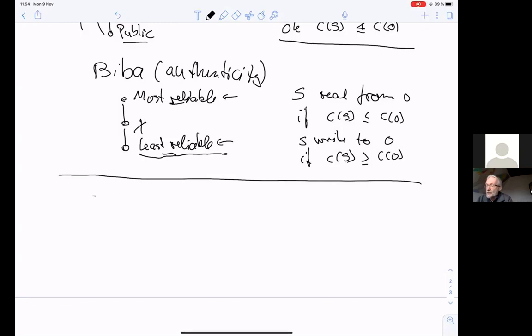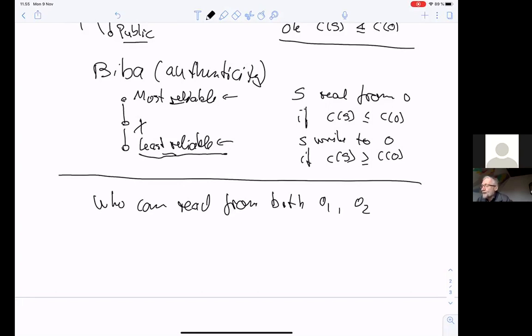Like, for instance, the following question: who can read from, say, both object O1 and object O2? So let's say two different files. And which users, which subjects will be able to read from both these?